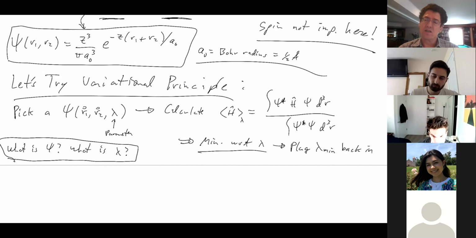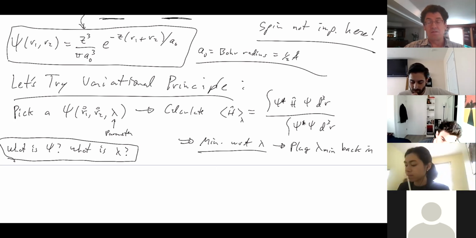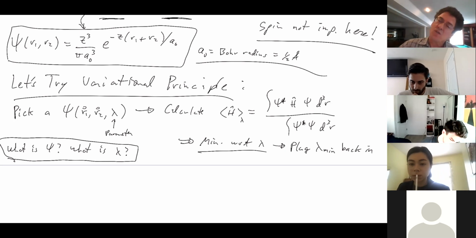Which psi do we pick? Can you guess? This is always tricky, like what wave function do you pick to do the variational principle? You have to use intuition. Can anyone guess what kind of wave function you should pick? And what should lambda be?